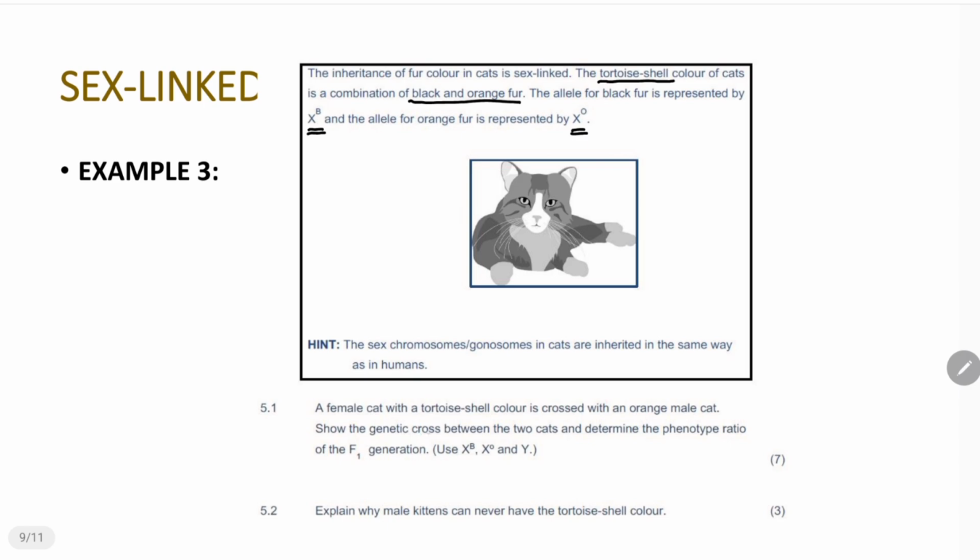Therefore, the only possible genotype for this female has to be X^B X^O. But this male that they're saying is orange, his only genotype has to be X^O Y. These are the genotypes we're working with. So it is a tortoise shell female and a male that is orange. So let's try to perform that genetic cross.